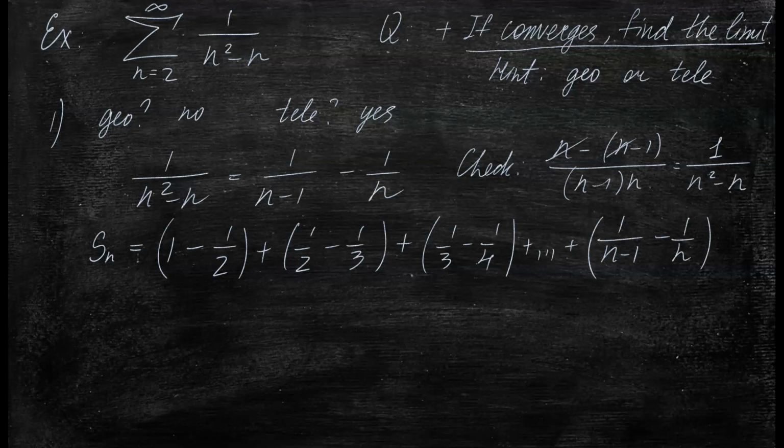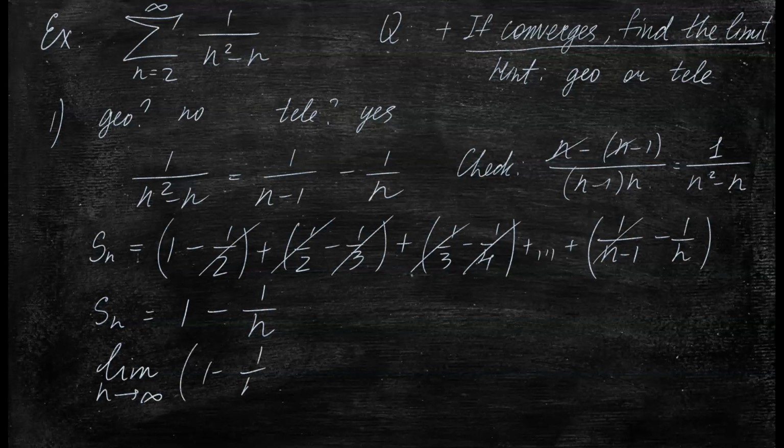And now what do we notice here? That 1/2 is cancelled. This is what I call telescoping, right? So everything telescopes and the entire series collapses to this. So this is your nth partial sum. Now we just find the limit of the nth partial sum, and the limit is clearly 1.